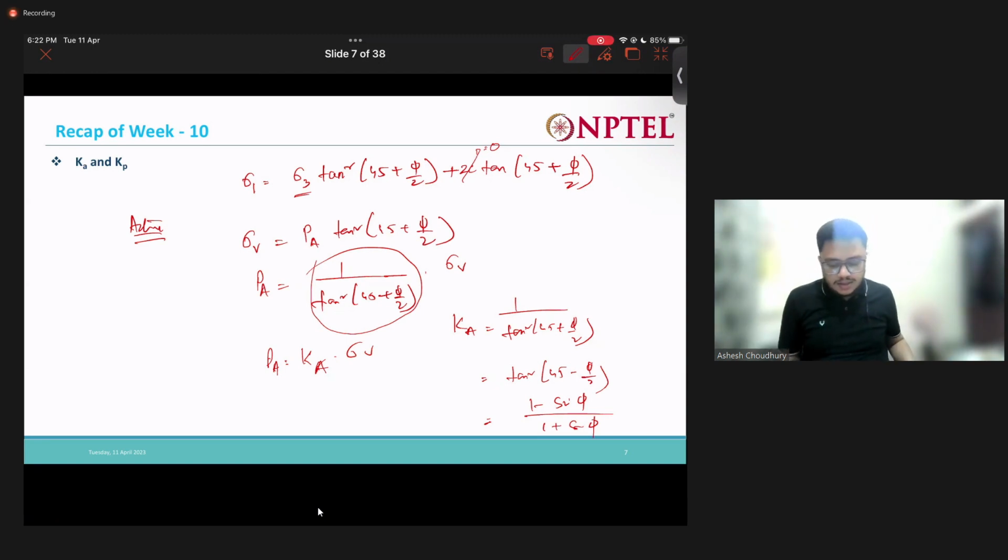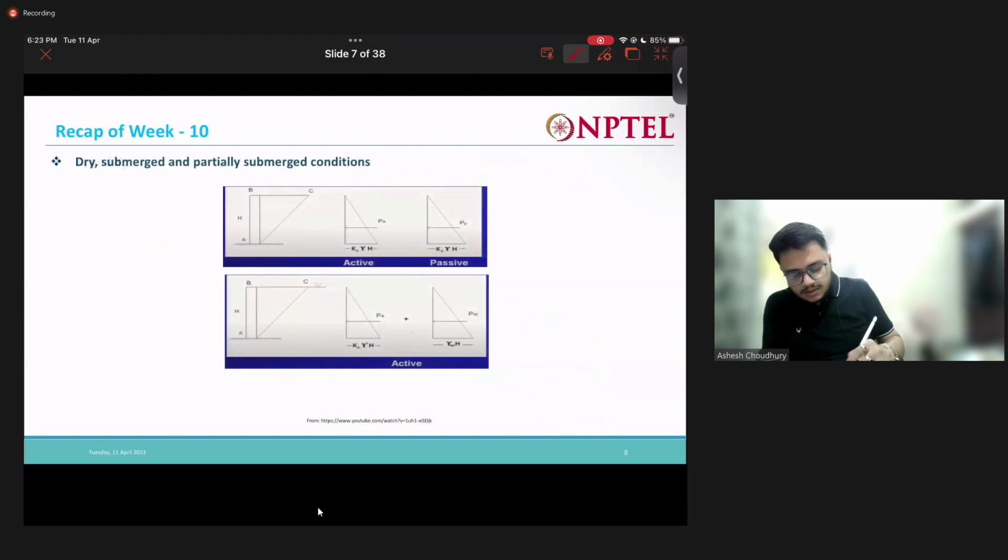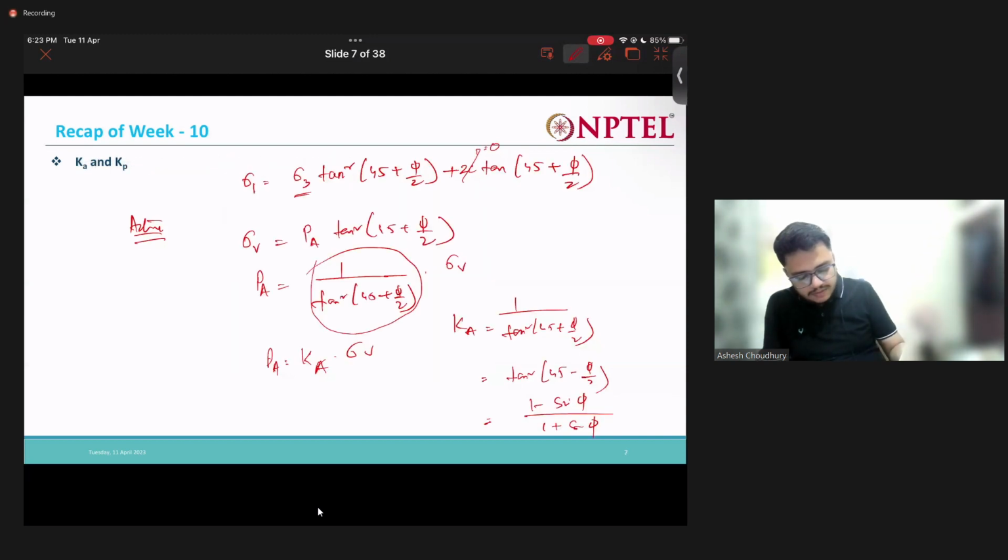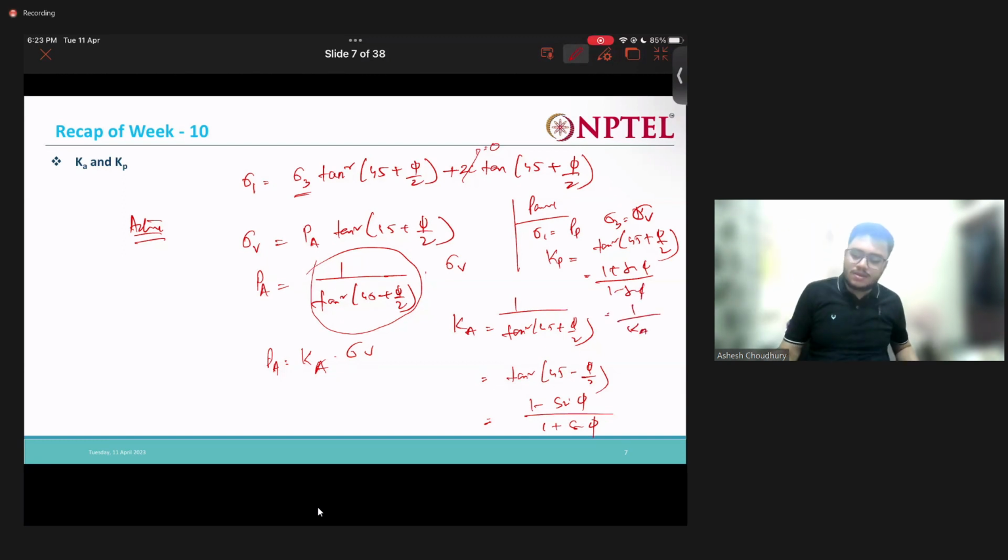Similarly, in case of passive, what is my sigma 1? In case of passive, sigma 1 is actually my passive pressure, and sigma 3 is my vertical stress. So my Kp will be nothing but tan square 45 plus phi by 2, or 1 plus sine phi by 1 minus sine phi, or 1 by Ka.